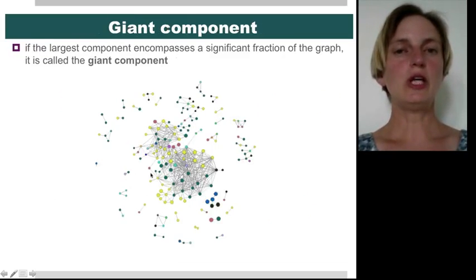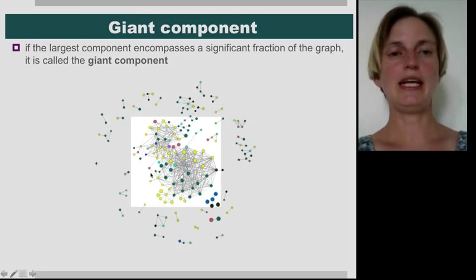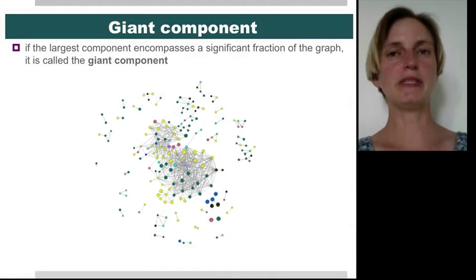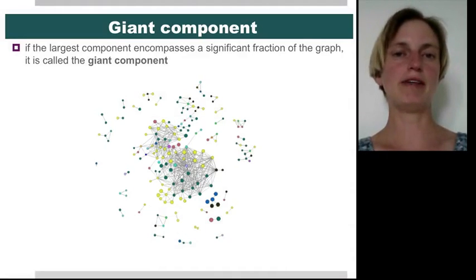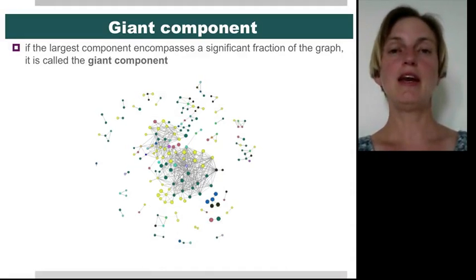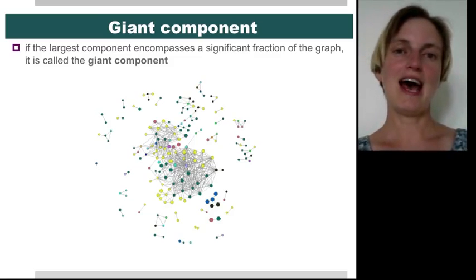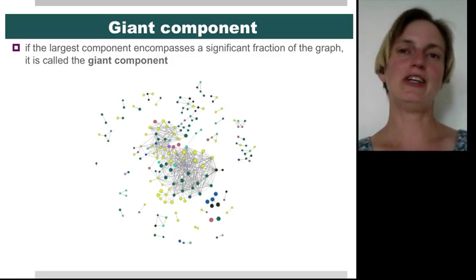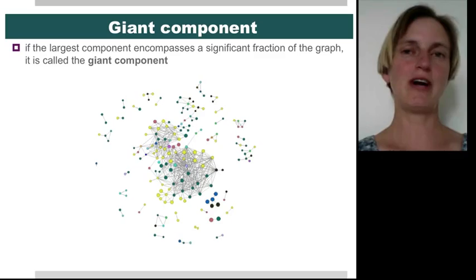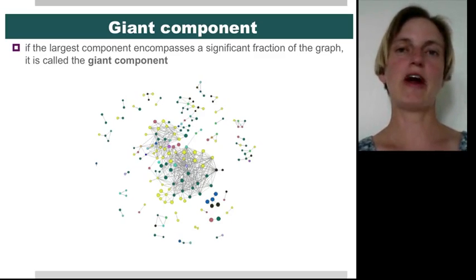There is also the notion of a giant component, which is the largest component, and if it encompasses a significant portion of the graph, it can be called a giant component. Now, this significant portion of the graph doesn't actually have to be the majority. Technically, the definition is that as the network gets infinitely large, the giant component is still going to occupy a finite fraction of it.